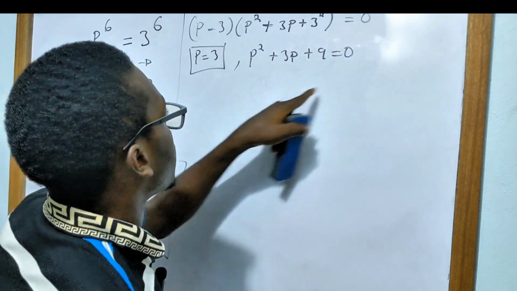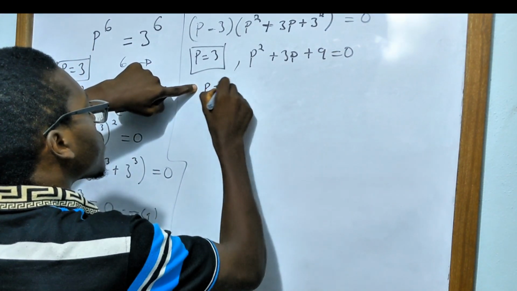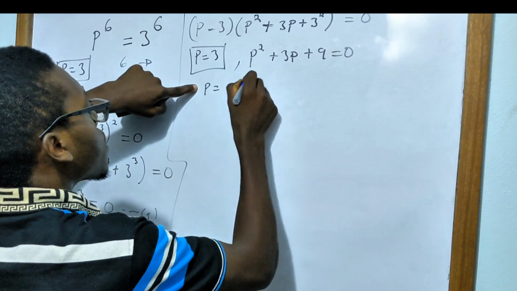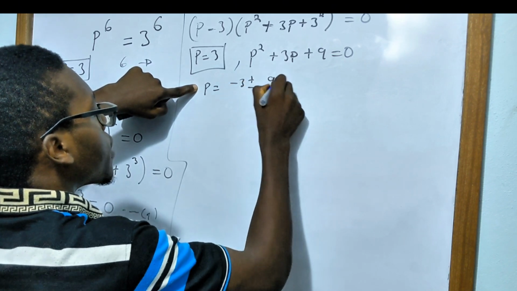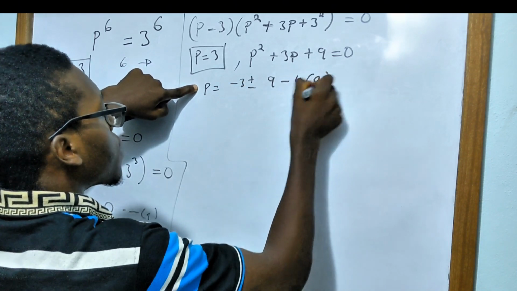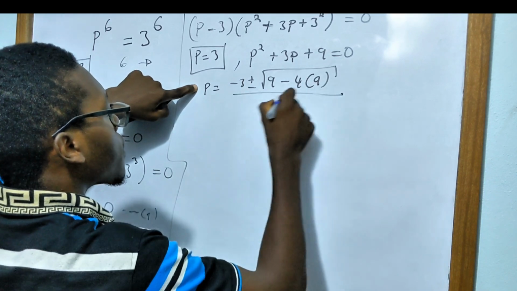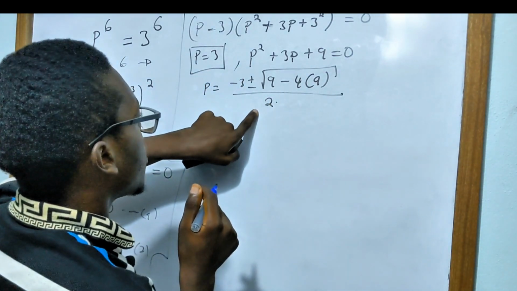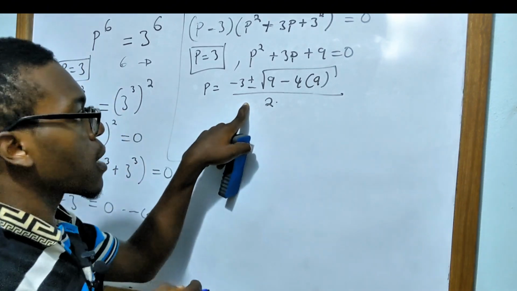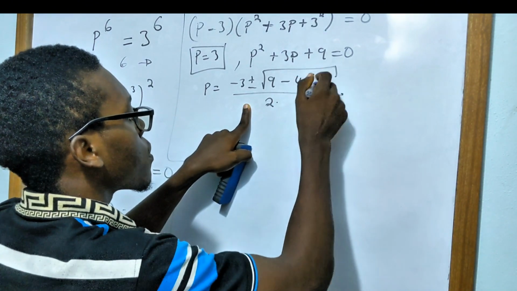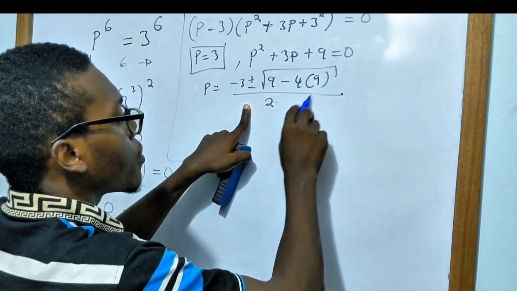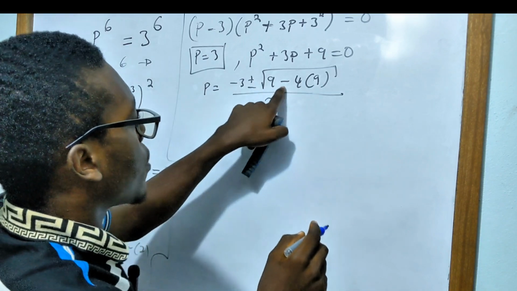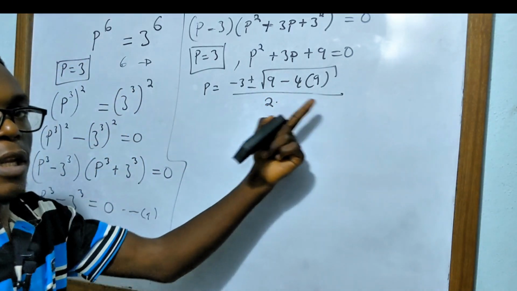From here, you can use the quadratic formula to find p. p is equal to negative b plus or minus the square root of b squared minus 4ac, all over 2a, and a is 1. From here, we know that this answer is strictly imaginary because 4 times 9 is 36, and 9 minus this will be a negative number, and that will be complex.